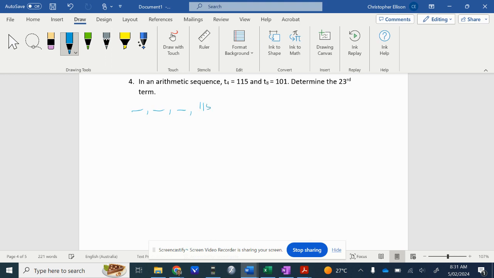Okay, so we're up to the fourth term, 115 is T1, T2, T3, T4. And then we've got another bunch of terms here before we get up to T8 being 101. Remember, we're supposed to do our formula first.